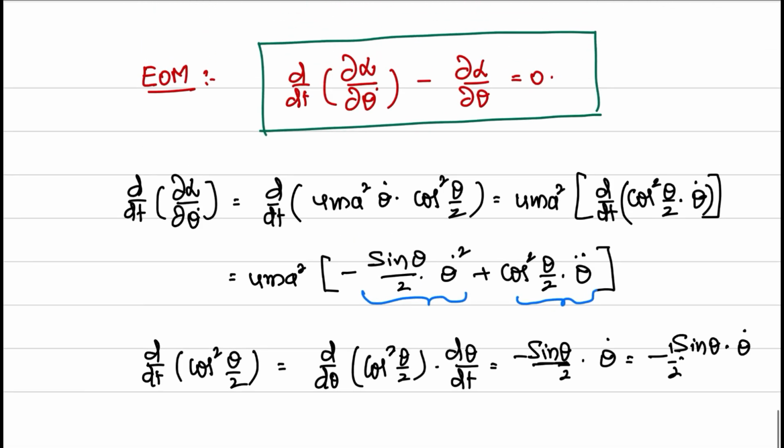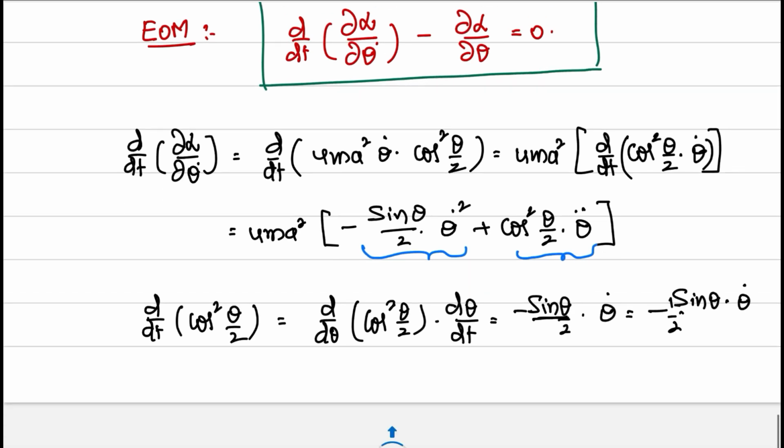Then the θ dot is multiplied by θ dot, so this becomes θ dot squared. This is half into sin θ, θ dot into θ dot is θ dot squared. That is d/dt of u v dash plus u dash v.